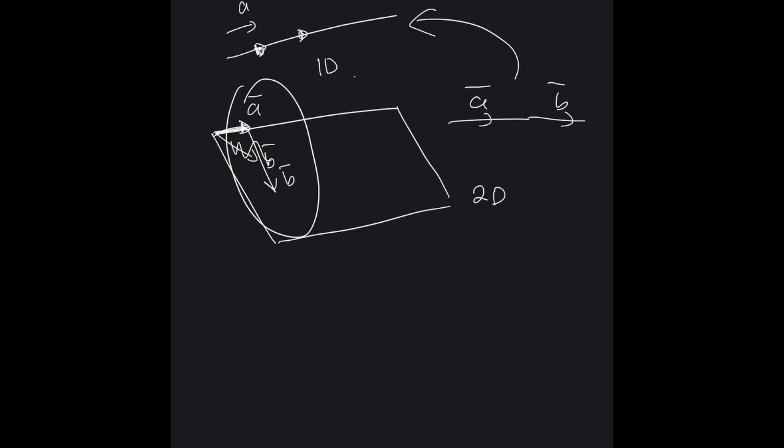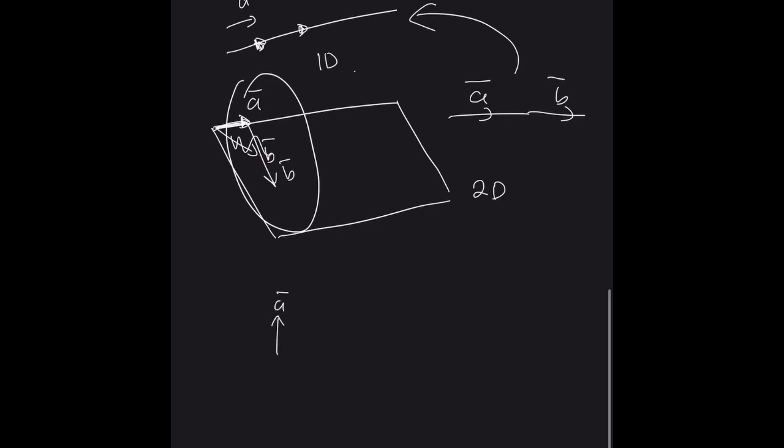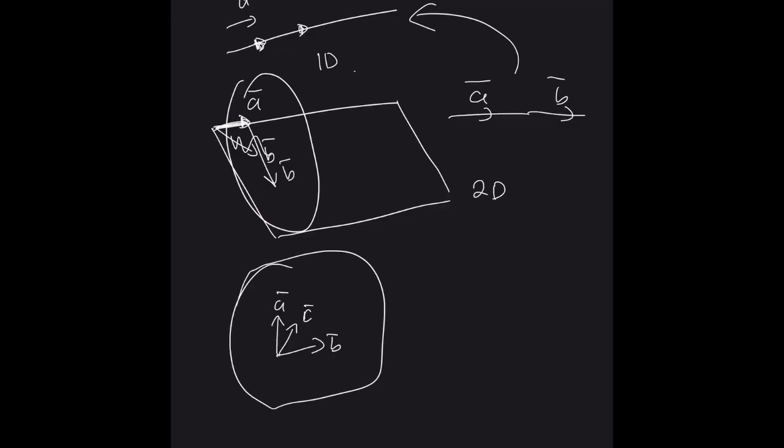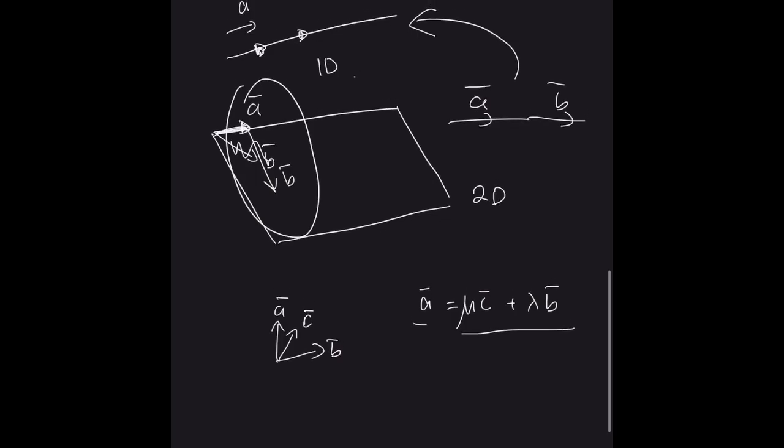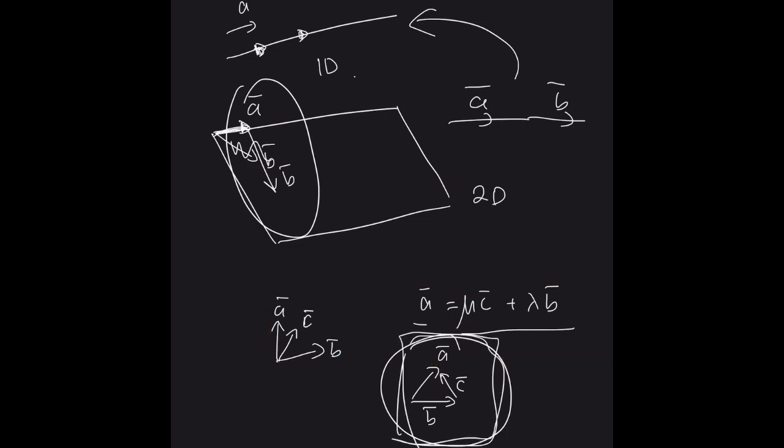Similarly, if you have a 3-dimensional space, you have to have 3 vectors, A, B, and C. So if A, B, and C are coplanar, that means if you have A equals to mu C plus lambda B, which means your A is a linear combination of vectors B and C, which means, for example, your A is just your B plus your C. That is very bad because all 3 vectors are coplanar, which means one of the vectors is actually not necessary.